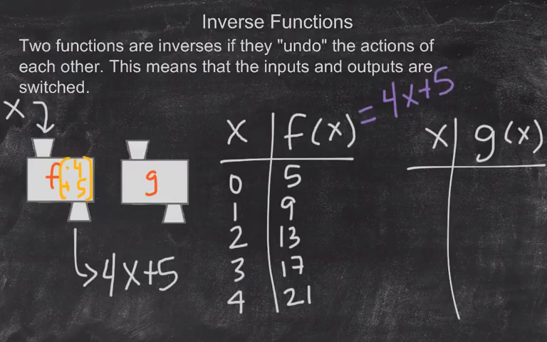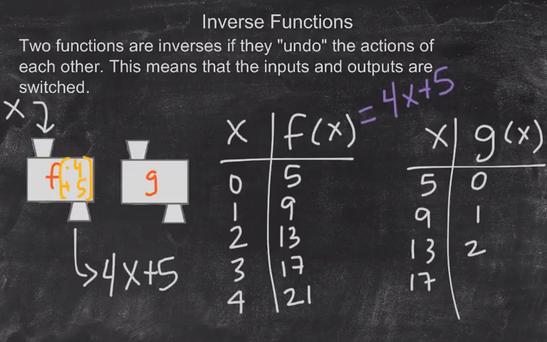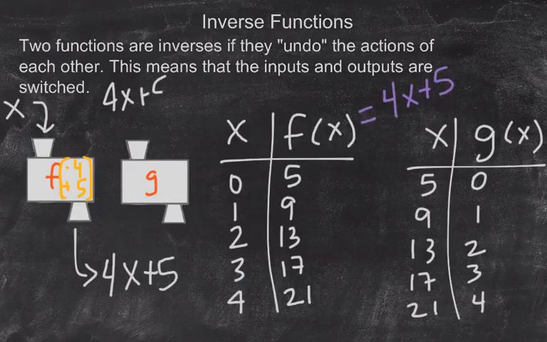So for my inverse function, when I put in 5, I need to get out 0. When I put in 9, I need to get out 1, 13, 2, 17, 3, 21, 4. So for my g, if that's the inverse, when I put in 4x plus 5, I need to get out x.